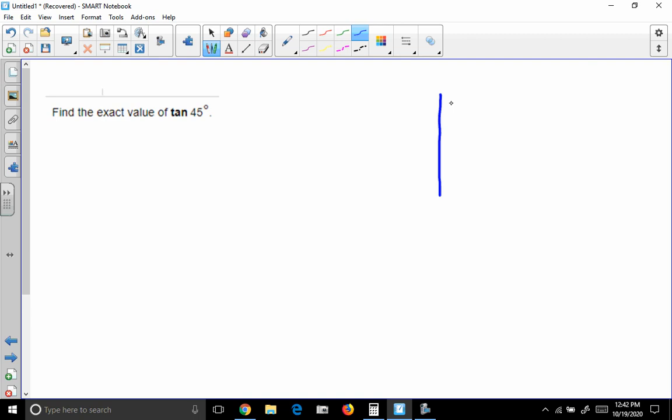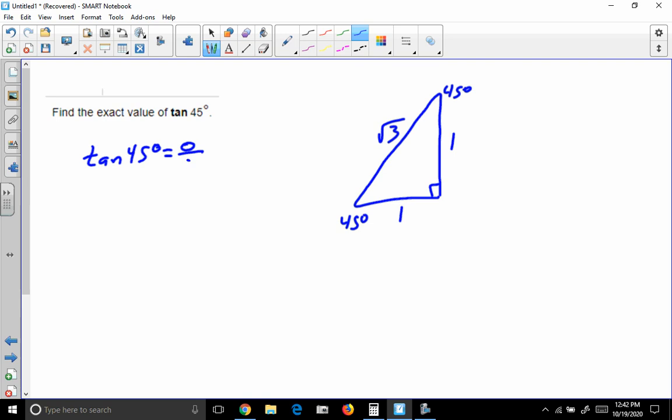The other triangle that we commonly use is one that is a 45, 45, 90 triangle. And it typically is listed with sides of 1, 1, and the square root of 2. Tangent is opposite over adjacent. So pick a 45-degree angle.